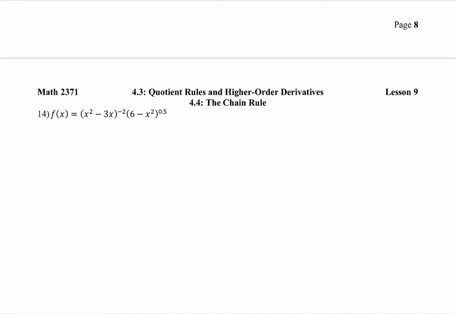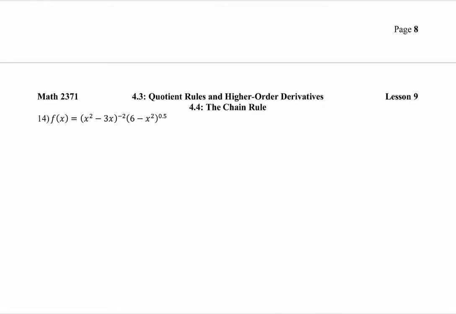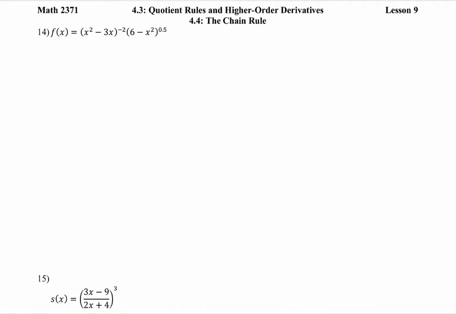For this one, again, we're going to use the product rule. So we have (fg) prime equals f prime g plus f g prime, where f equals (x squared minus 3x) to the negative 2.